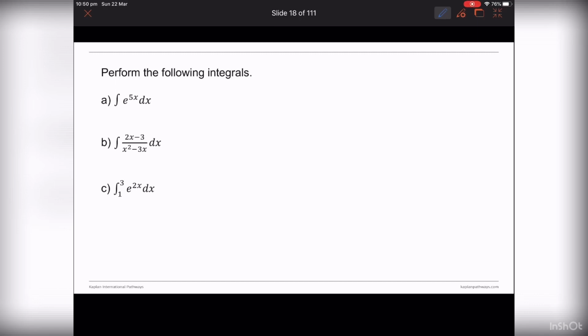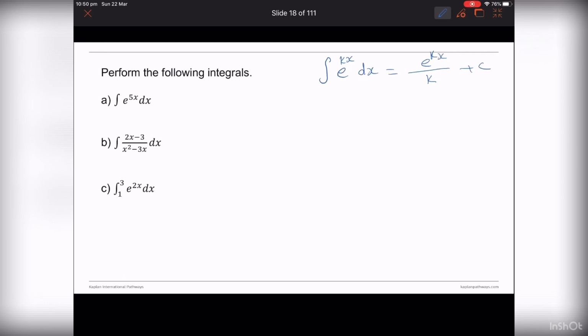Okay, so to do this, we said the integration of e to the power kx dx is, the rule is, e to the power kx divided by k, the derivative of kx, plus c.